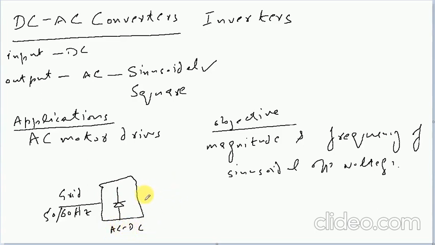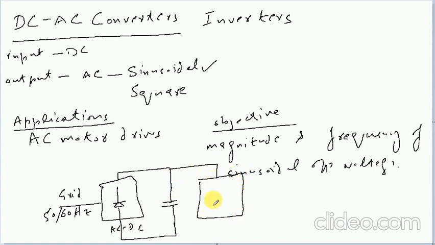Then we'll have a DC link capacitor, as it is commonly called, and then the output will be inverted into AC with the help of some mechanism of DC to AC type, and then in the output we'll have a load in the form of an AC motor.